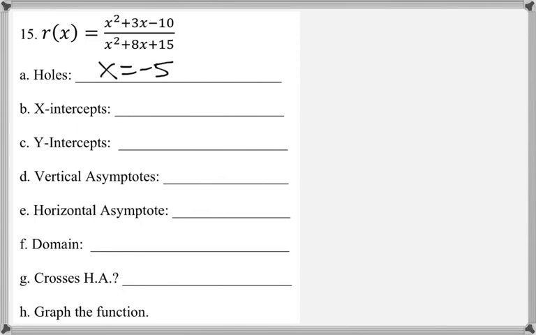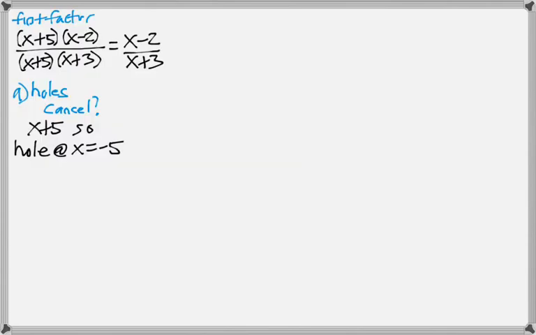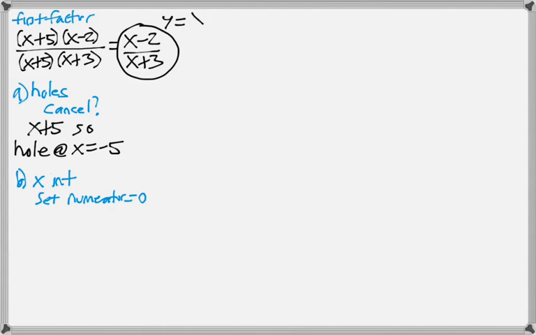Okay, next up is the x-intercepts. So this is part B, which is the x-intercepts. And to do that, I want to set the numerator equal to 0. And I'm actually referring to this version of the function now. So y is equal to x minus 2 over x plus 3.